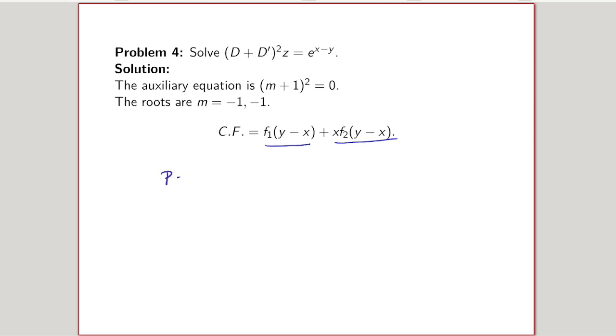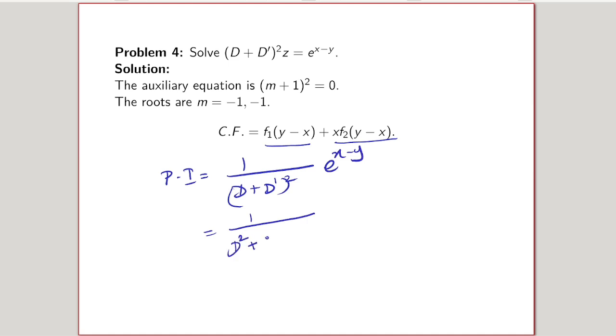So the particular integral is 1 by d plus d dash whole square into e power x minus y. We can expand this in the form of a plus b the whole square. It will be a square plus 2ab plus b square into e power x minus y. So we replace d with a and d dash with b. The a value is nothing but 1 and the b value is minus 1 in this question.